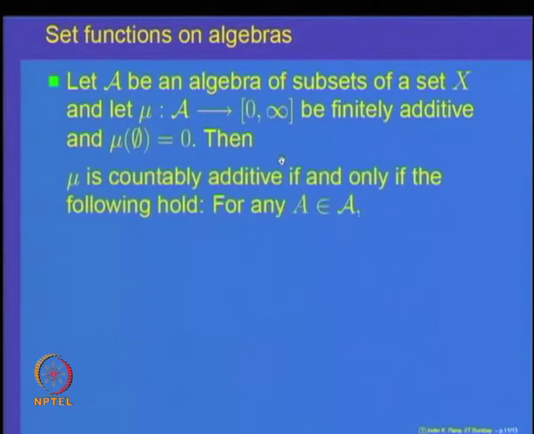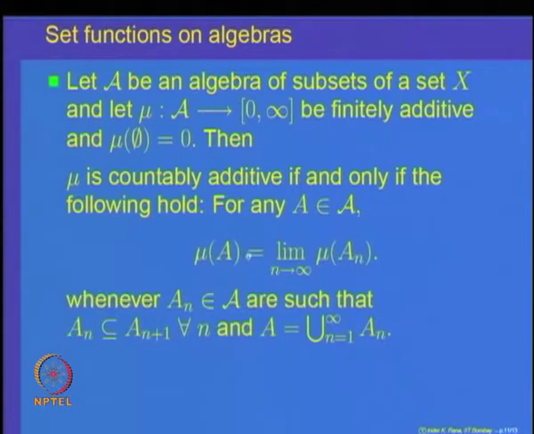Then we want to prove that mu is countably additive if and only if, once again it is a characterization, if and only if the following property holds, and the property says for any element A in the algebra A, we should have mu of A is limit of mu of A n's. What are A n's? Whenever A n is a sequence of sets in the algebra which is increasing. So, A n is a subset of A n plus 1 for every n.